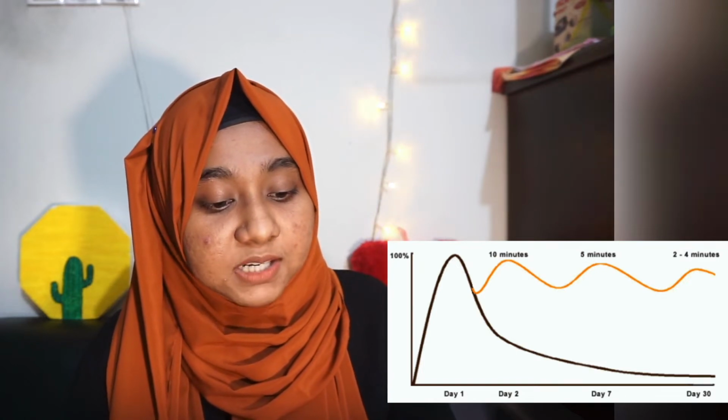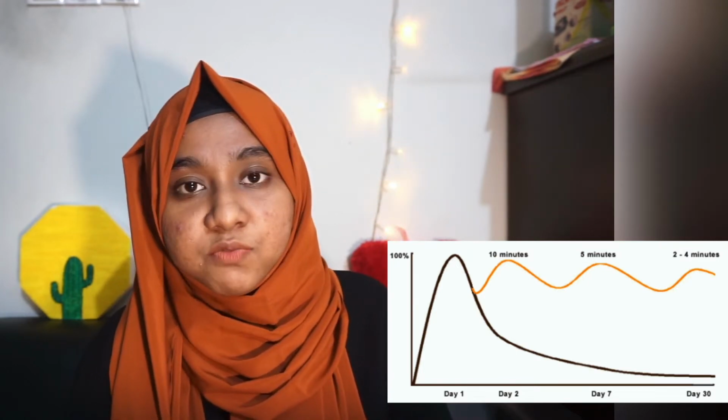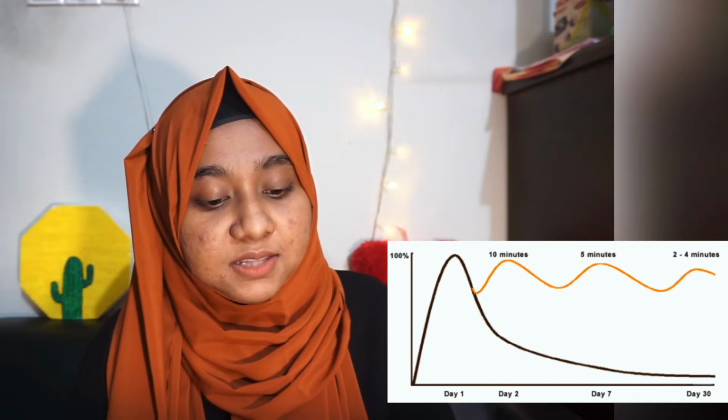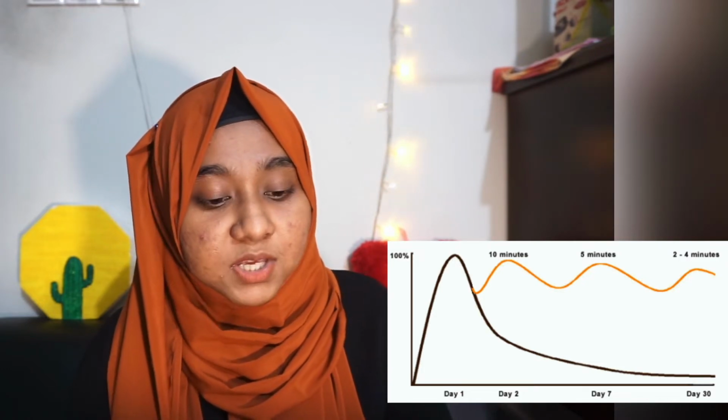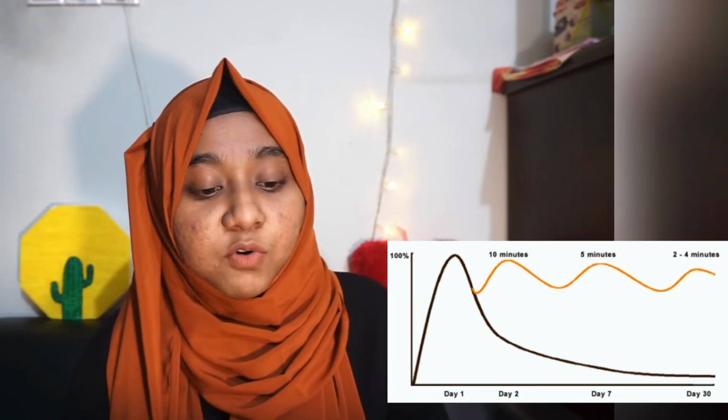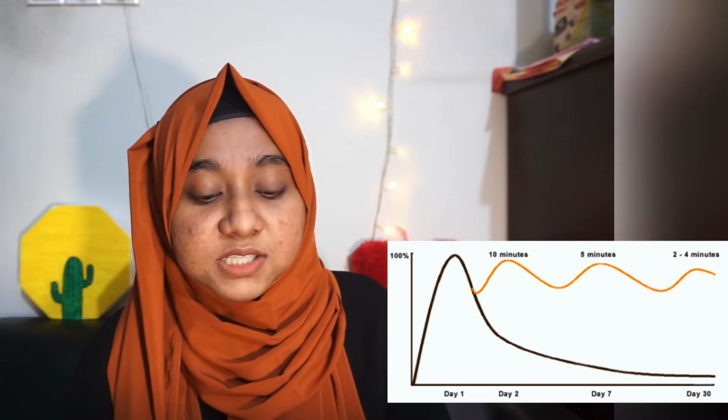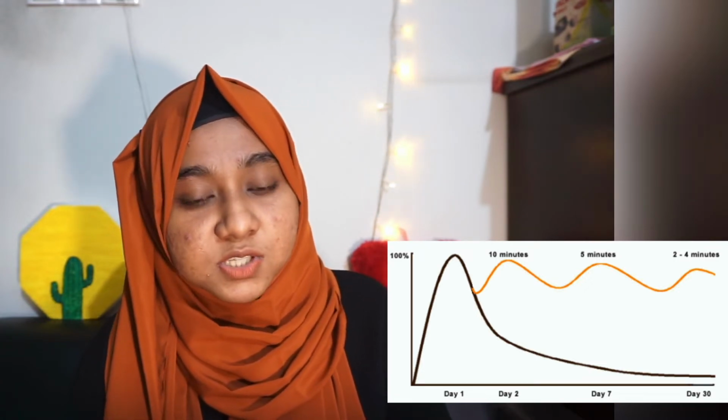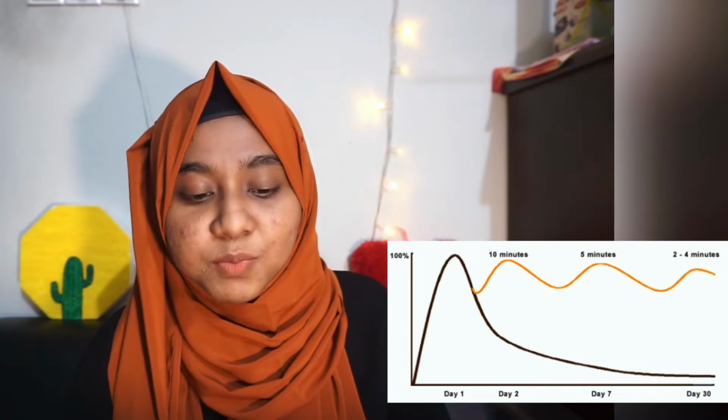For example, at day 2, you revised this information for just 10 minutes. Then at day 7, after a week, you revised it for just 5 minutes. And then at day 30, you revised it for just 2 to 4 minutes.